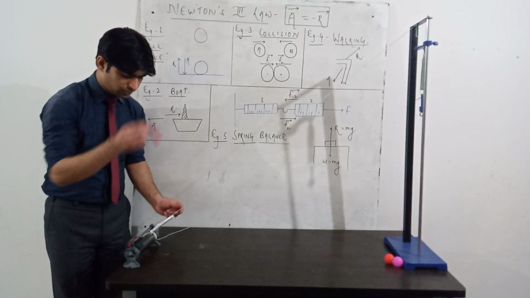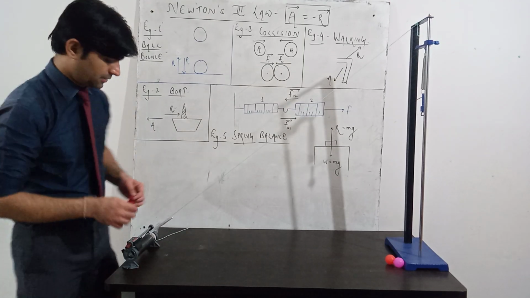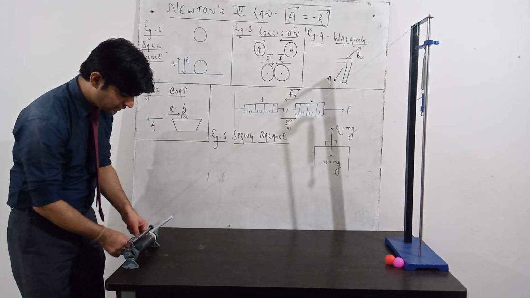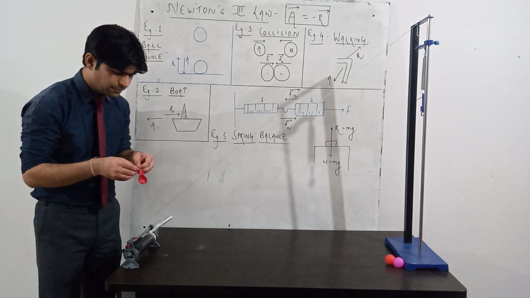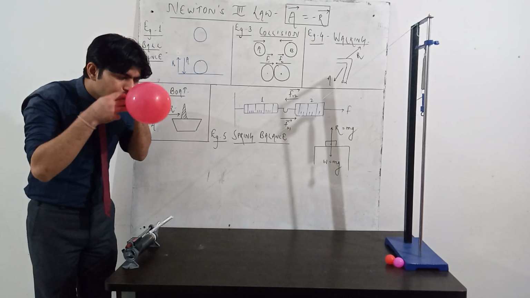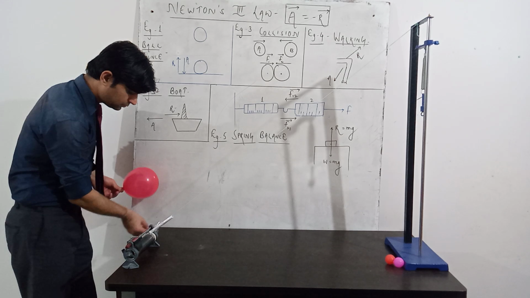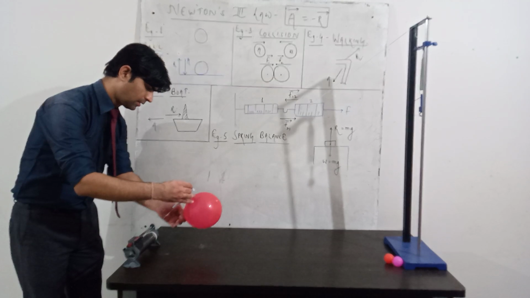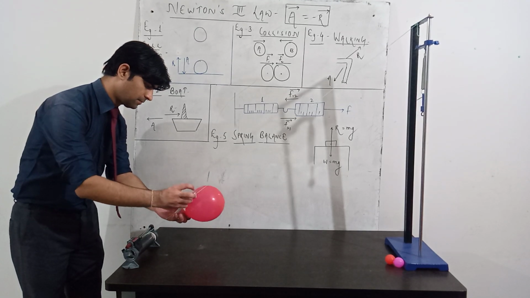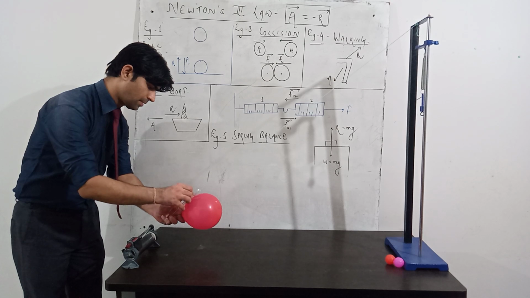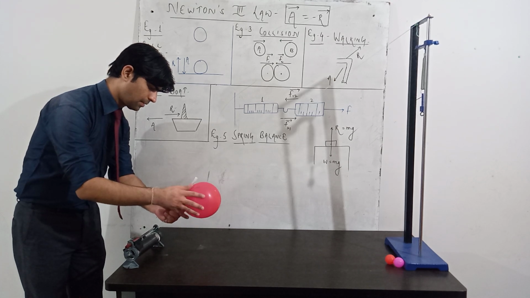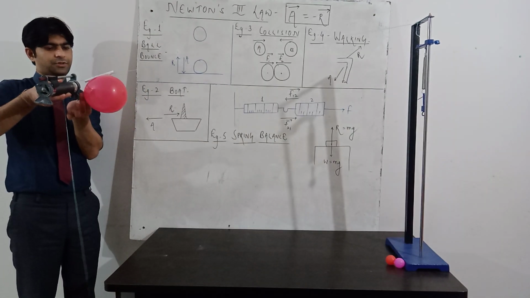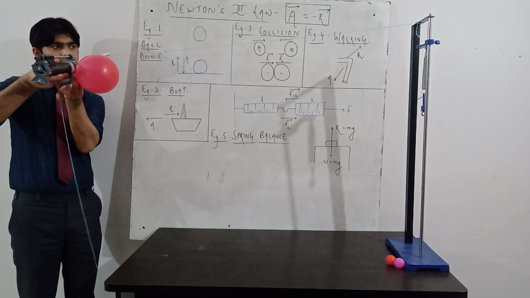This balloon may rise up also if I remove this thread from this side, or if I keep it horizontal also, there will be no issue. Now I'm going to keep it a little straight. I'm going to keep it horizontal now.